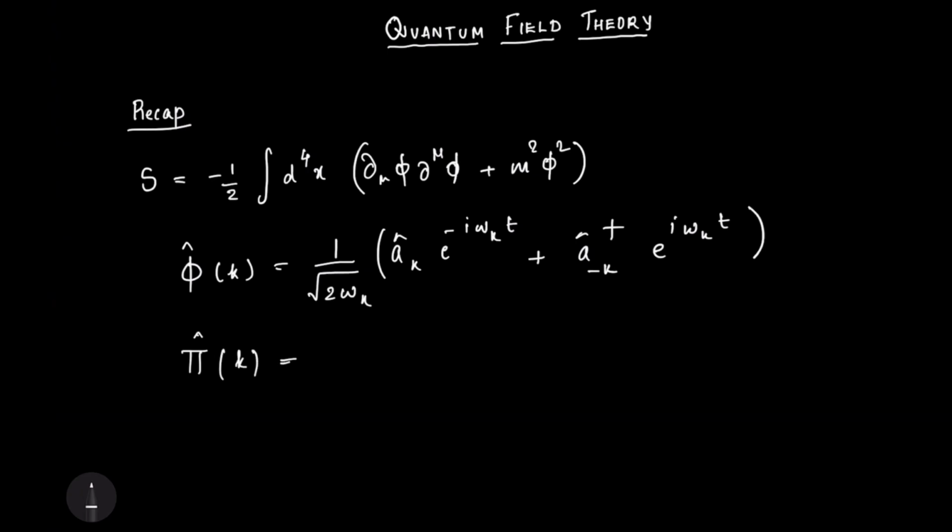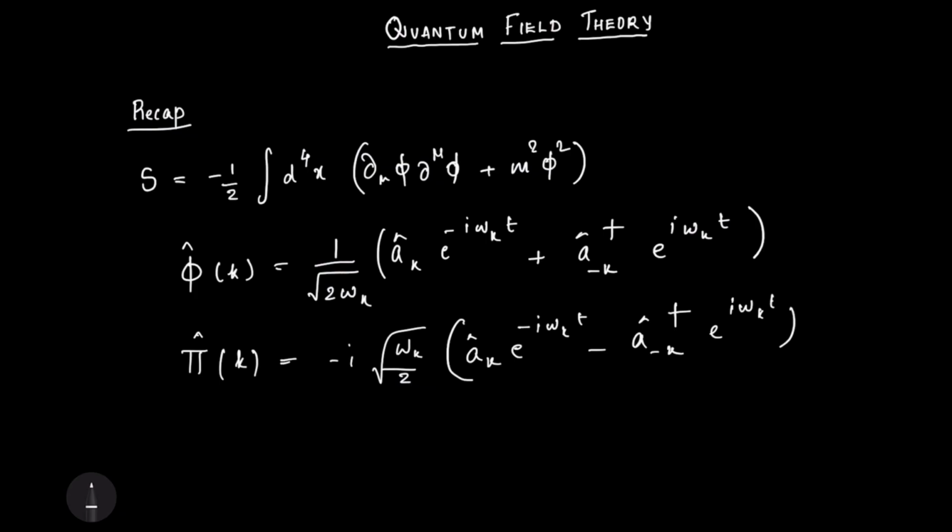And the canonical momentum is equal to minus i root of ω_k by 2, a_k e raised to minus iω_k t minus a_{-k}† e raised to iω_k t.